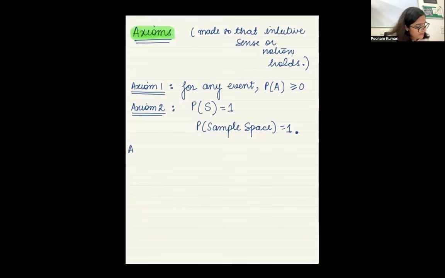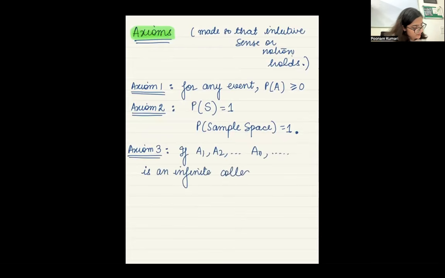What is my third axiom? Axiom 3. It can be a little tough to understand, but I'll explain it properly using a diagram. Okay. So what is axiom 3 saying? That if A1, A2, up to AN, and these keep going on, is an infinite collection of disjoint events.